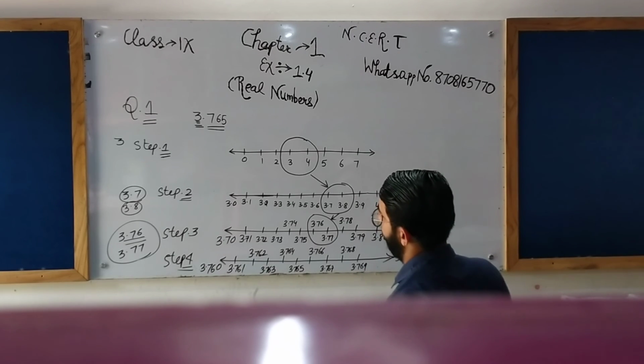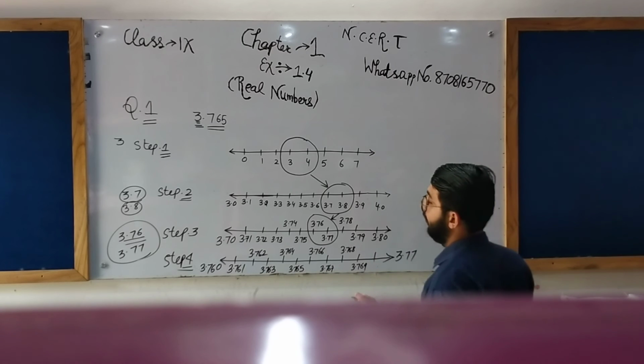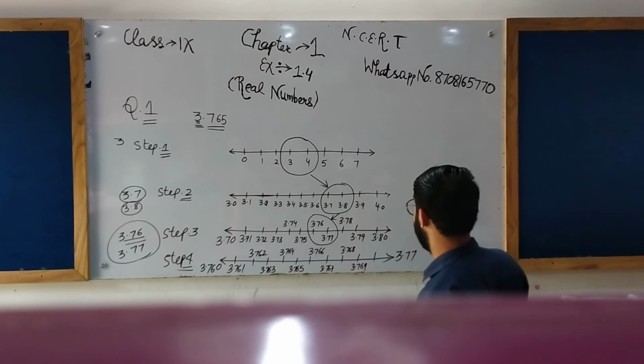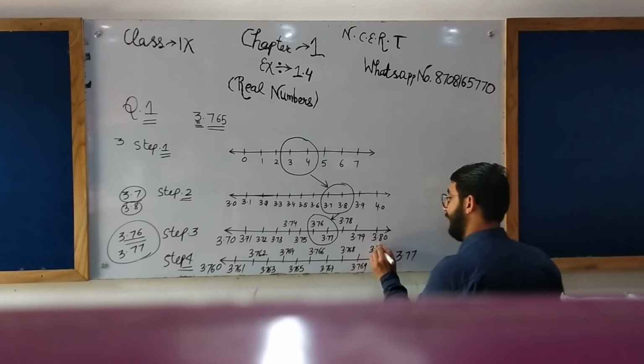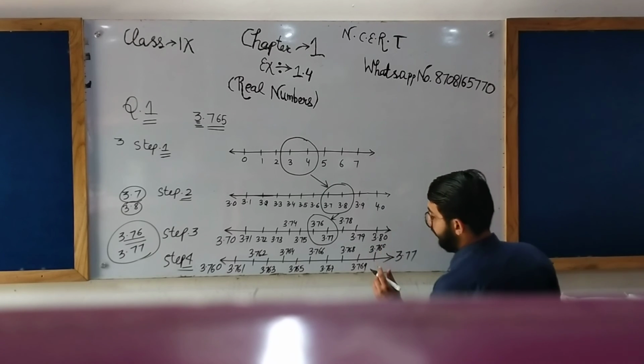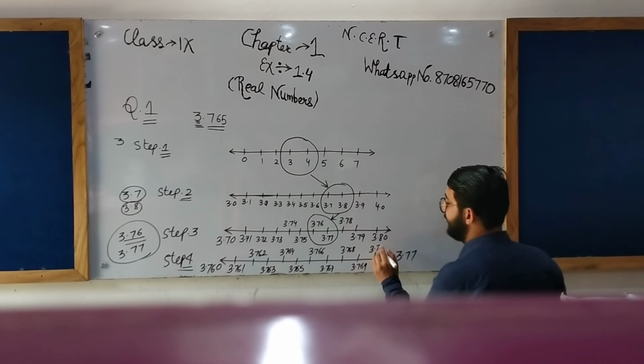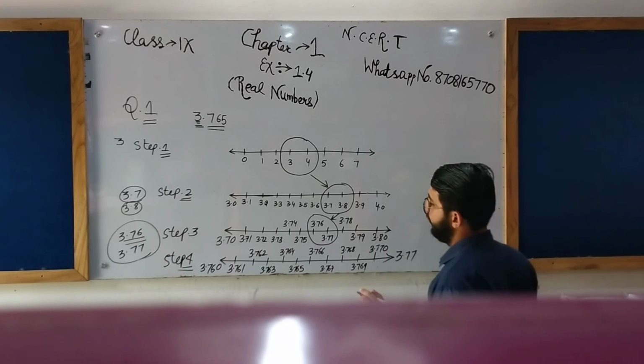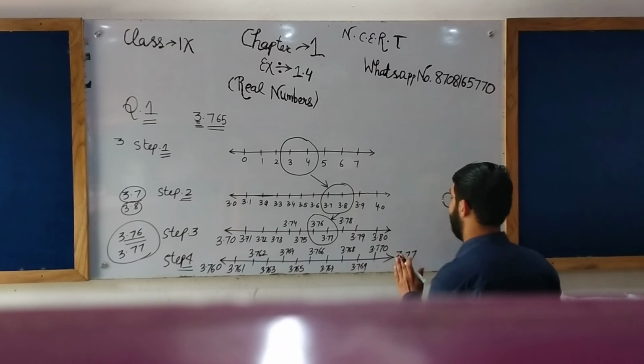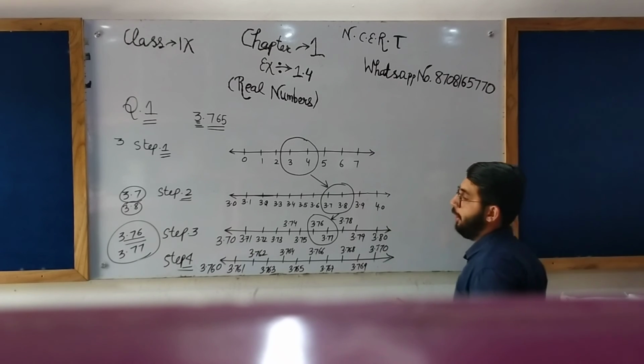After 69, there will be 70: 3.770. Getting my point?